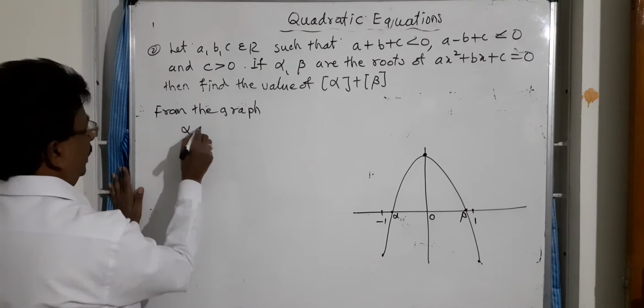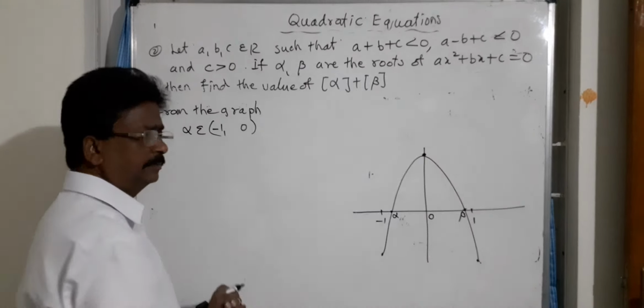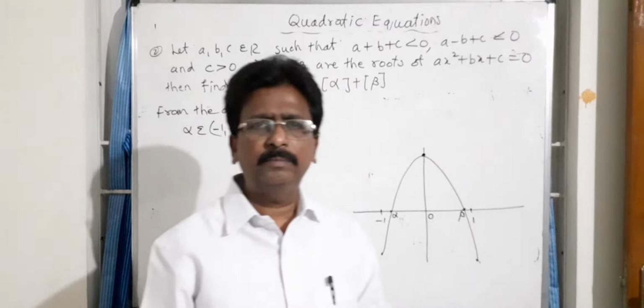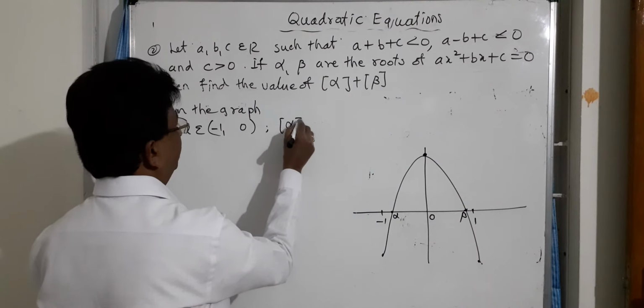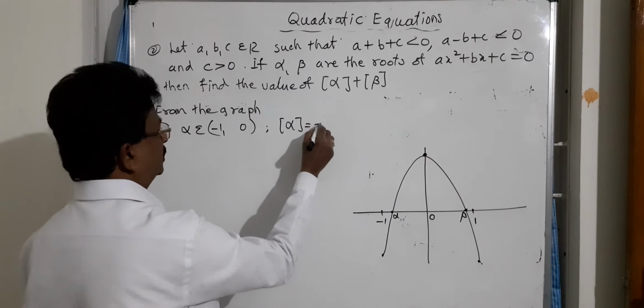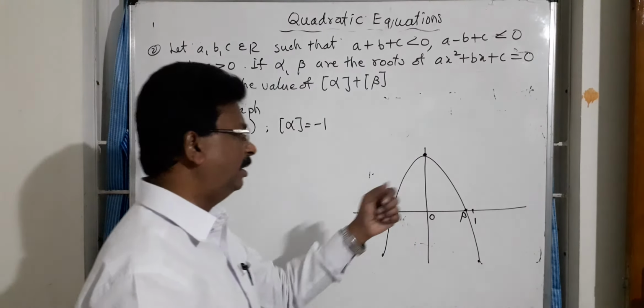That is shown as alpha belongs to -1 comma 0. Alpha is any number between -1 and 0. Therefore, step of alpha means integral part is -1. Okay, next let us go to the beta.